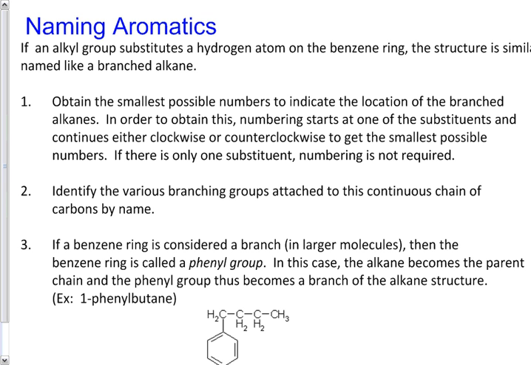You know how to name each of those. Now, rule 3 is kind of important. If the benzene ring is considered the branch in larger molecules, generally 4 carbons or longer, then the benzene ring is the attachment, and it's called a phenyl group. In this case, the alkane is the parent chain, and the phenyl group, the benzene, becomes the branch of the alkane structure. This is an example where you have a parent chain of 4 carbons, 1, 2, 3, 4. So instead of saying that this is somehow a butyl benzene, what we call it is a 1-phenyl butane.